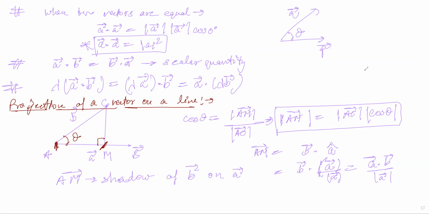So first of all, the real application of dot product is to show two vectors perpendicular. If two vectors are perpendicular, it means the angle between them is 90, and hence cos 90 will be 0.